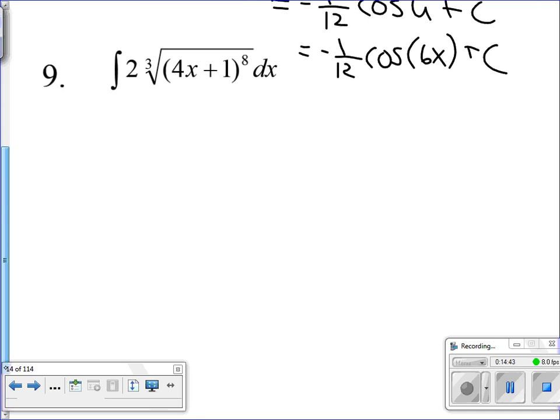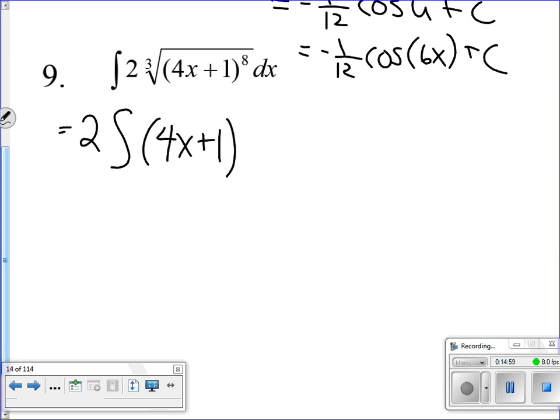Number 9. I'm going to pull the 2 out. So we have the integral of, and I think I'm going to use my fractional exponents right away. So let's just rewrite this as 4x plus 1 to the 8 over 3.